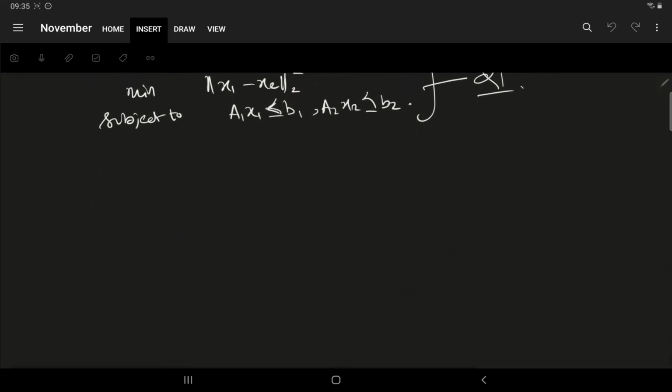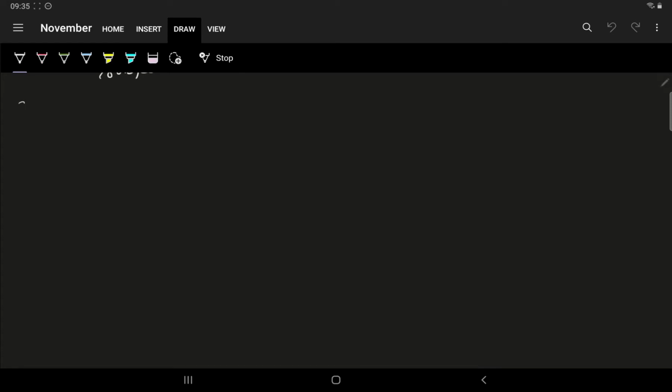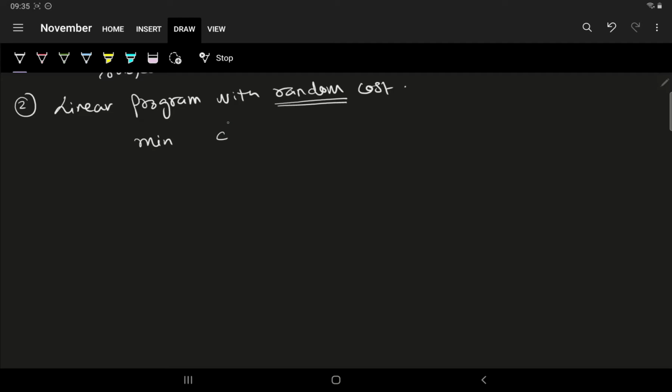Another such example can be a linear program with random cost. So we look at a linear program where we have to minimize the cost function subject to the other affine inequalities.